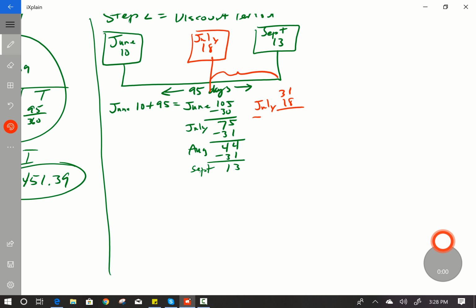So that means that July has 13 days remaining in it. Okay, 13 days remaining in July. And then August has 31 days. And then September, the note matures on the 13th. So that equals 57 days. So there's 57 days in the discount period.